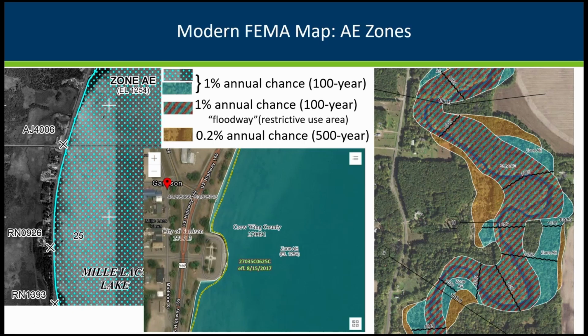And this area here, this light brownish orange area, is actually the 500-year floodplain, or the 0.2% annual chance floodplain. We will not discuss how to calculate the 500-year flood elevations in this series. We really will just focus on that 100-year area.